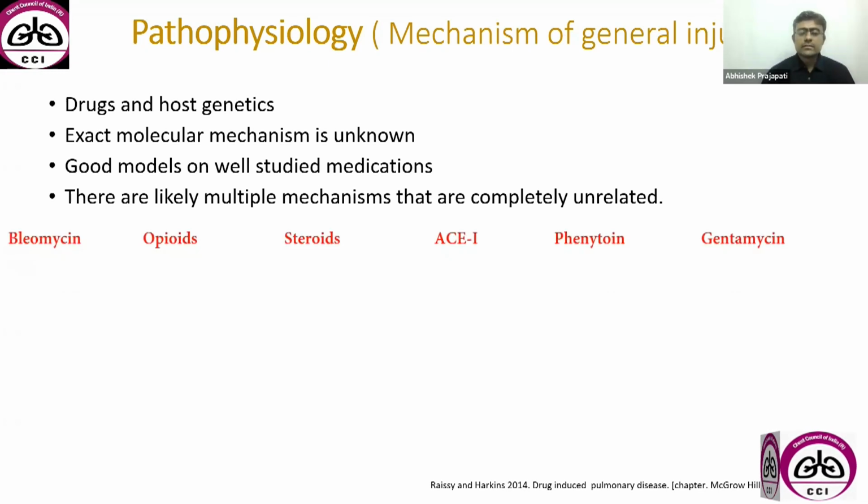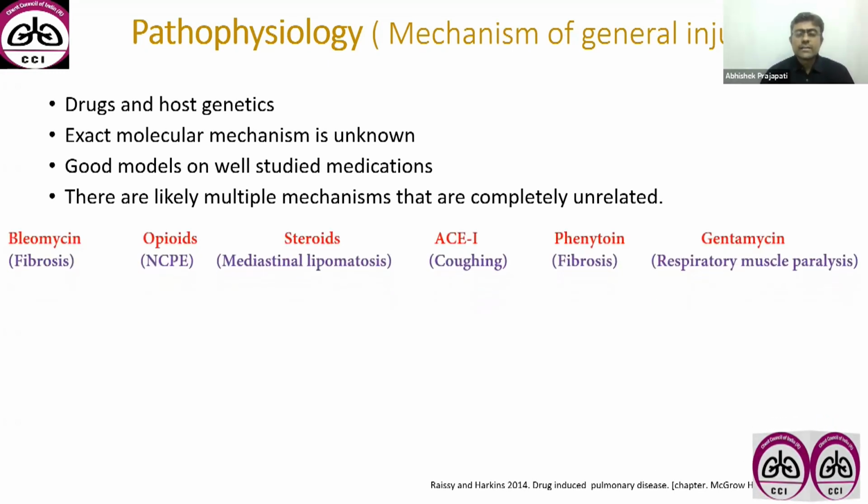Bleomycin causes fibrosis by one mechanism. Opioids cause non-cardiogenic pulmonary edema by a different mechanism. Steroids cause mediastinal lipomatosis and mechanical obstruction by yet another mechanism. ACE inhibitors also cause lung injury, causing cough, and here also the mechanism is different. Phenytoin also causes fibrosis, and gentamicin causes respiratory muscle paralysis. The mechanisms are different on each occasion.